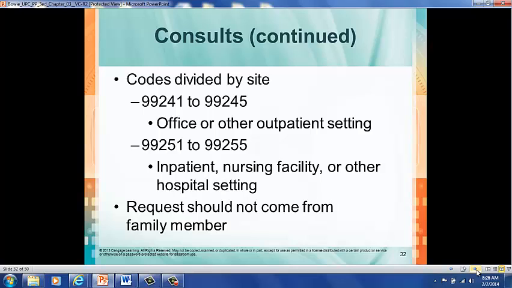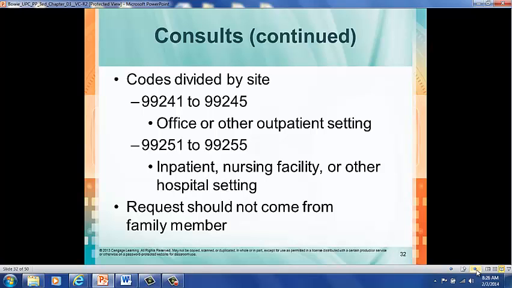Consultations completed in the inpatient setting, these services are reported with codes from the hospital inpatient service category. Consultations completed in a nursing facility, the category of codes found in CPT should be reported for these consultations.